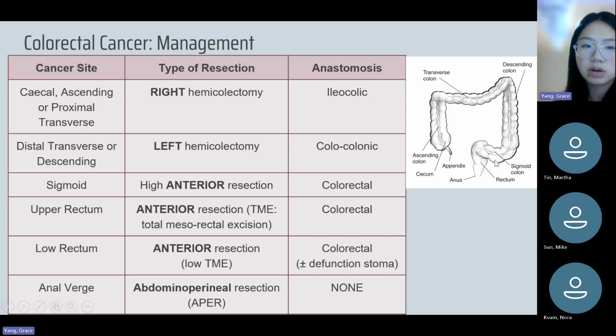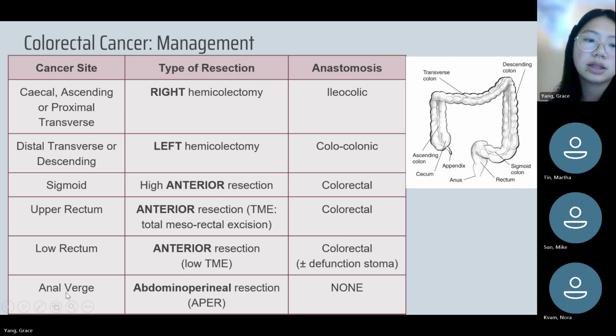If it's a sigmoid colon cancer around here, you have a high anterior resection, where you get rid of the sigmoid colon and the rectum and leave the anus. Upper rectum, you'd also have an anterior resection, leave the anus. Lower rectum, a low anterior resection.